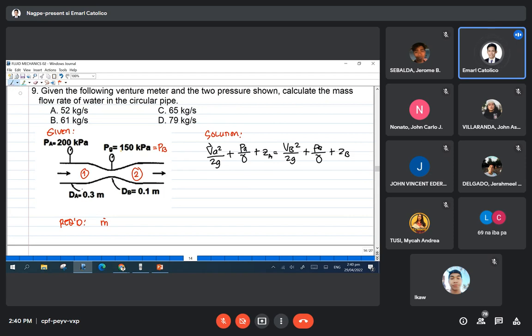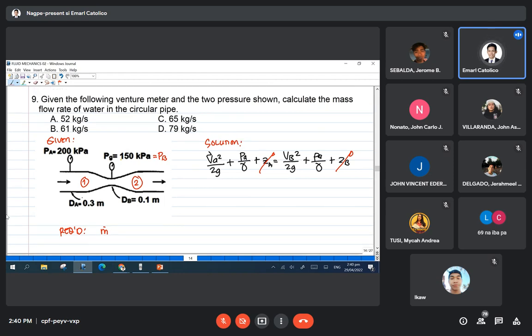Since walang elevation, cancel ulit natin. So velocity. Teka, ha? So wala tayong velocity, no? So si velocity makukuha natin yan kapag may volume flow rate. Kaso wala tayong volume flow rate. PA meron. PB meron. Velocity, wala din.